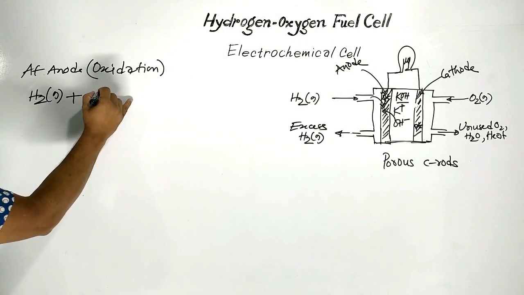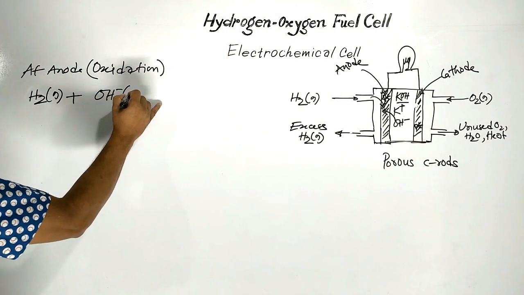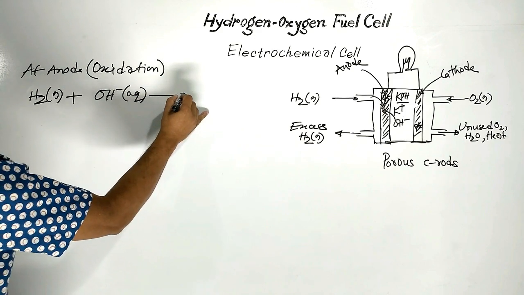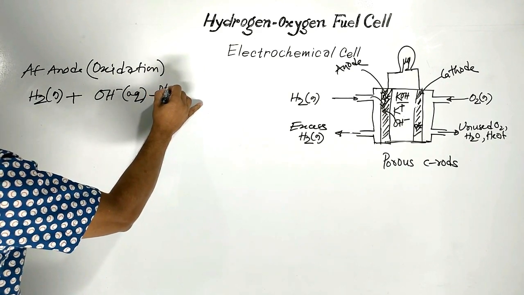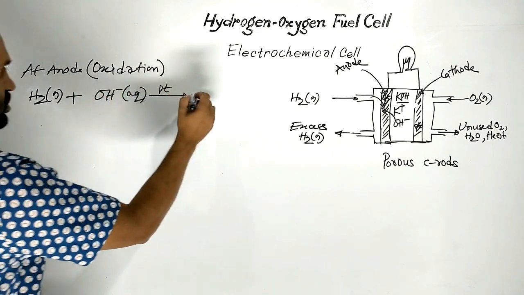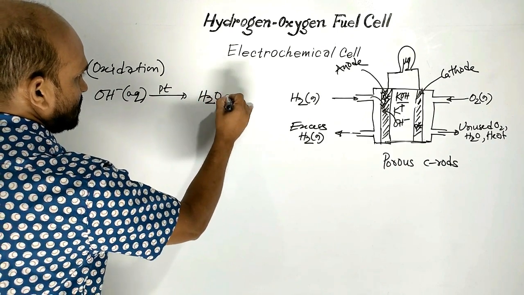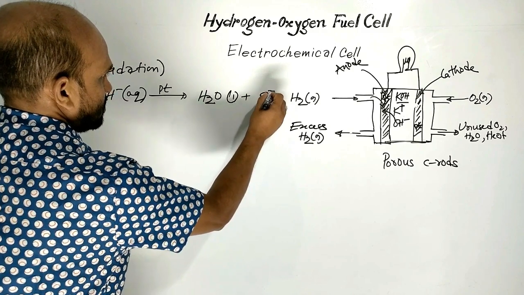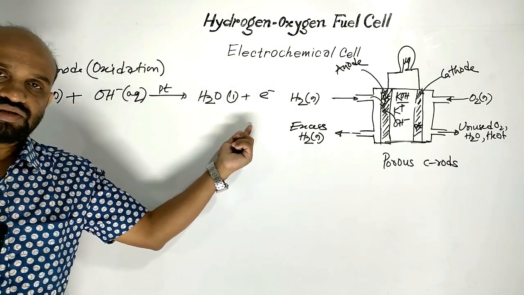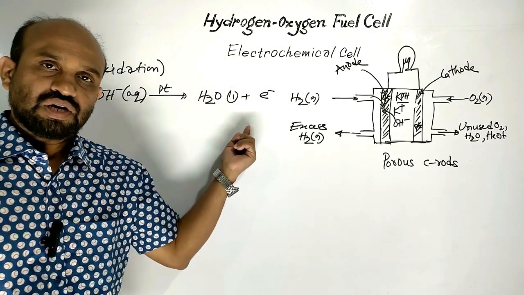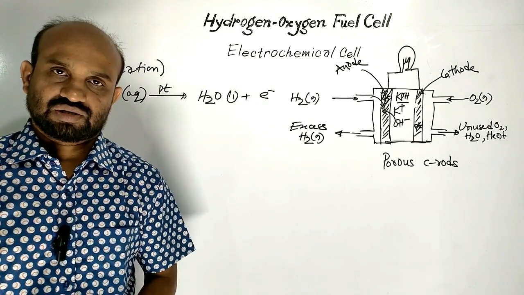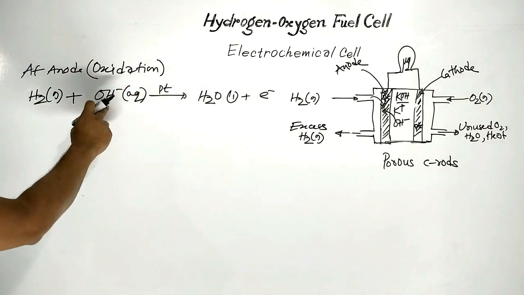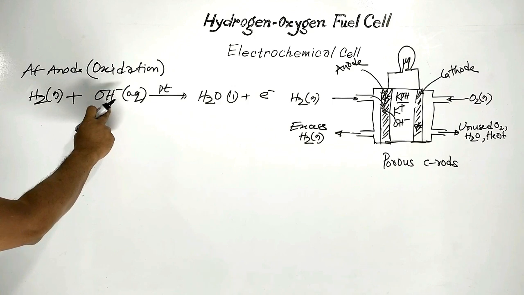Here reaction occurs. Hydroxide ion, in presence of platinum, this reaction forms water and electron. In this reaction, release of electrons occurs. That is why it's a kind of oxidation reaction.